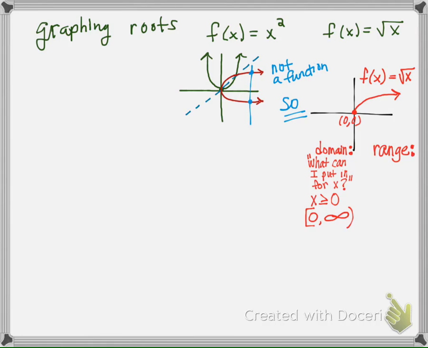Our range, the idea here is, what are the y values? What are all the possible y values? So how does this look? What are all the possible y values?